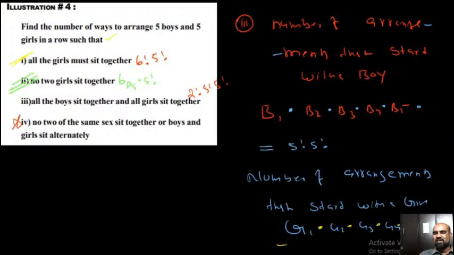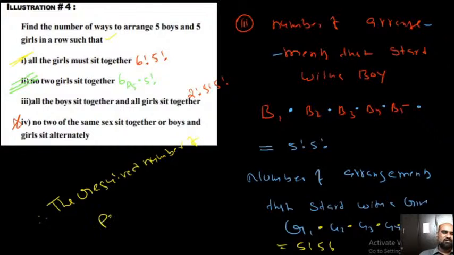So that is directly 5 factorial into 5 factorial. At last, therefore, the required number of permutations equals 2 times 5 factorial into 5 factorial. Excellent problem. Okay, I hope you people understood.